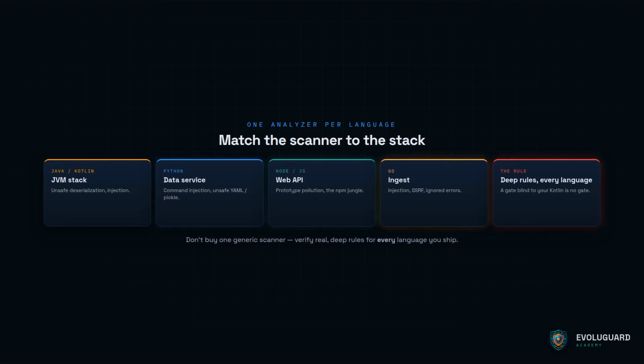In Go, fewer memory bugs by design, but the same injection and SSRF risks and a habit of ignoring returned errors. The lesson: don't buy one generic scanner and assume it covers everything. Verify it has real, deep rules for every language in your stack. A gate that's blind to your Kotlin service is not a gate.